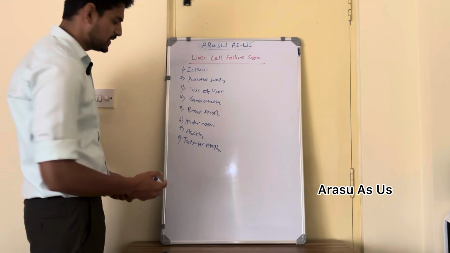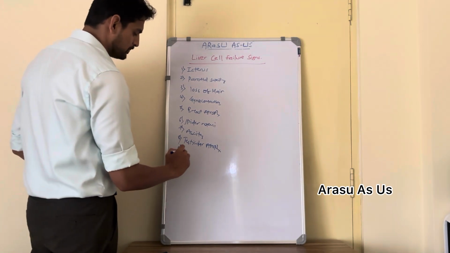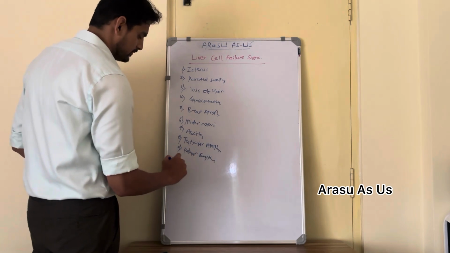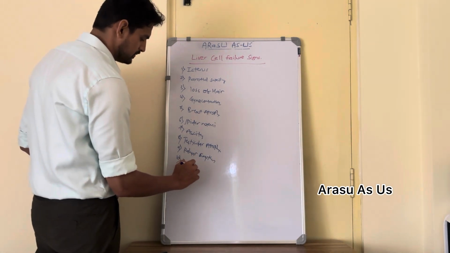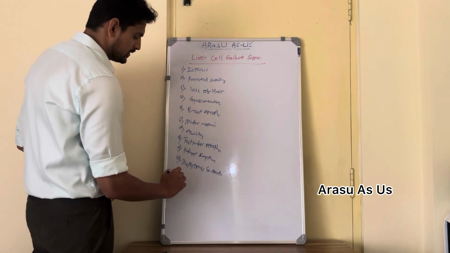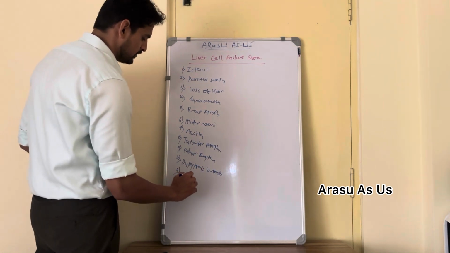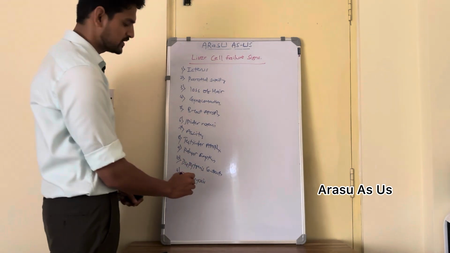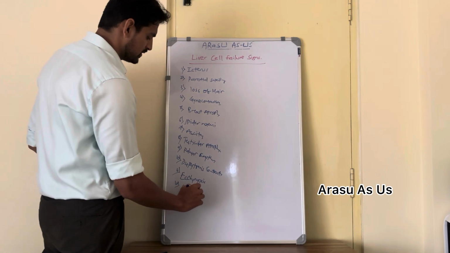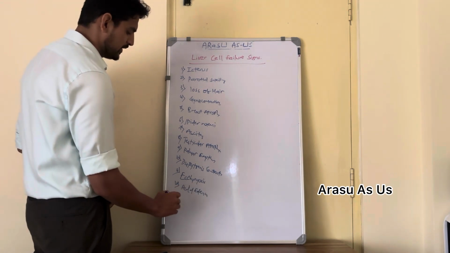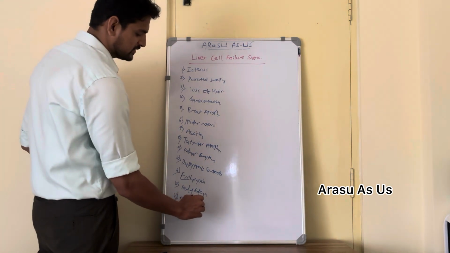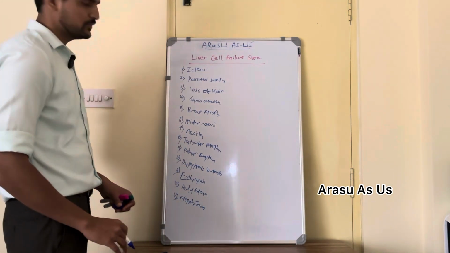Then we will examine the peripheries, extremities. There we can get palmar erythema. We discussed Dupuytren's contracture. Then ecchymosis because of abnormal synthetic function of the liver. Then there will be pedal edema, again because of albumin synthesis defect. At the end, we discussed flapping tremors, asterixis, or negative myoclonus. So these are the things which we have to examine.